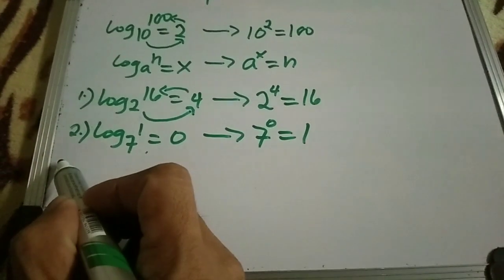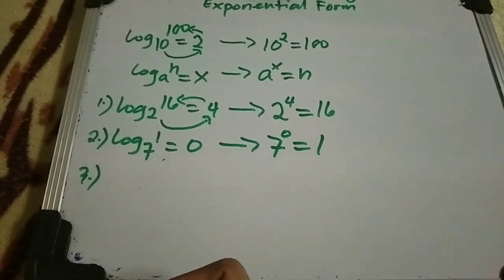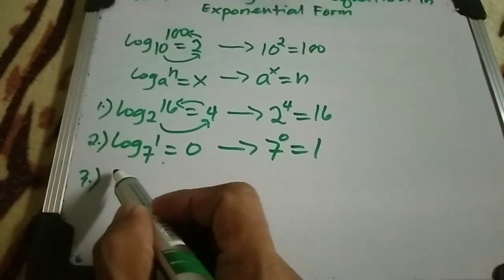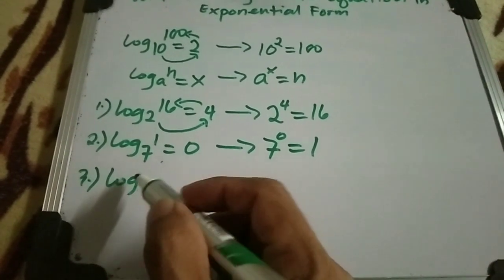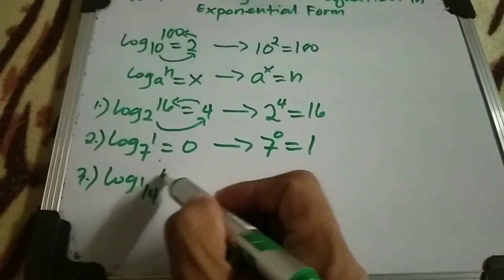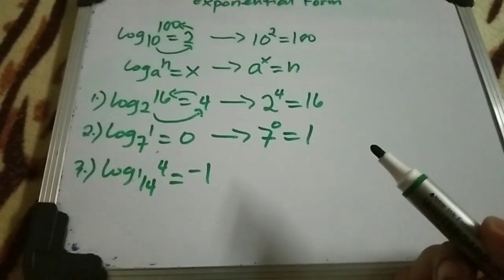Okay? Number 3 example. So, let's have log of 1/4 of 4 equals negative 1.